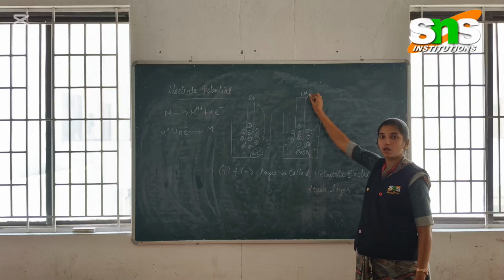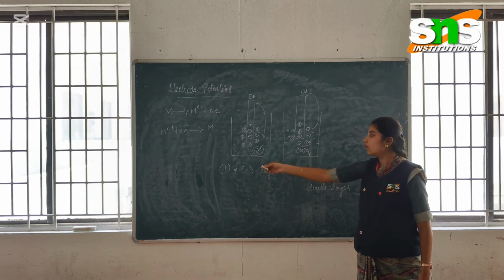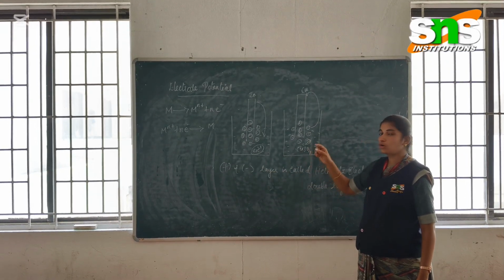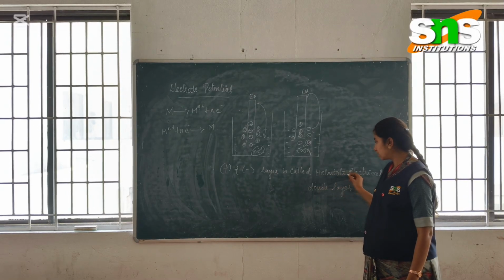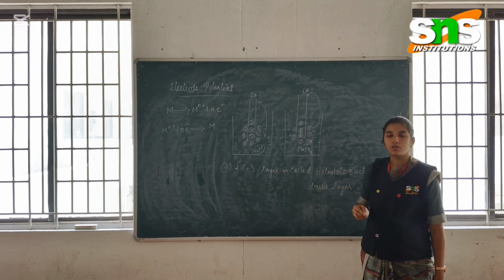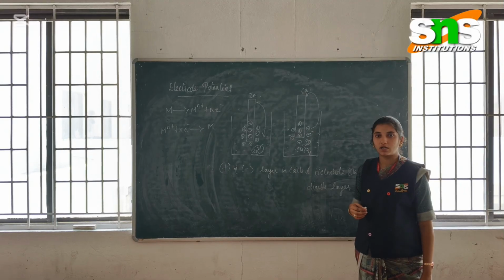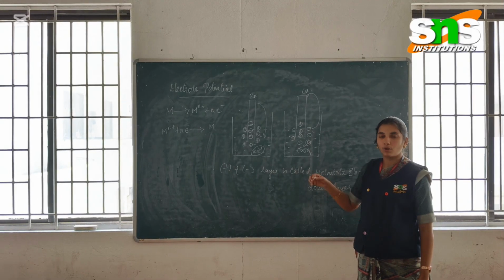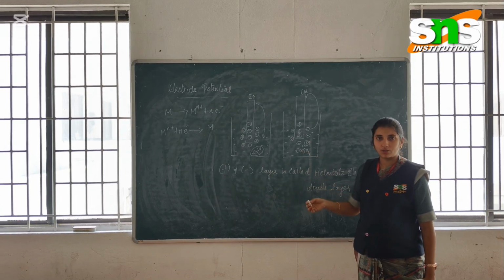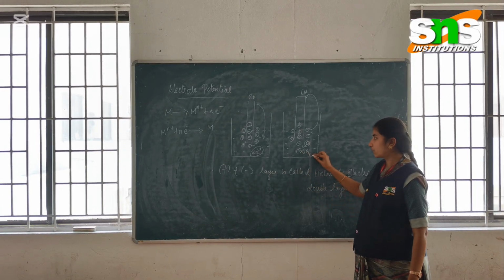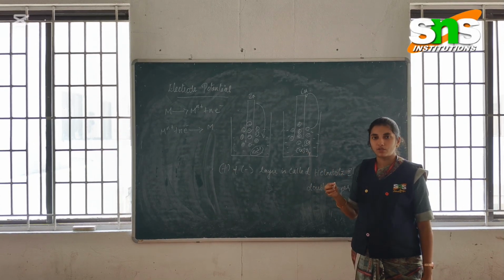So this is how the electrode potential arises, with the positive and negative layer, and the combination of both oxidation and reduction is called the Helmholtz electrical double layer. The process is nothing but the metal forming metal ions with the loss of electrons, and the copper ions gaining electrons from the copper sulfate solution.